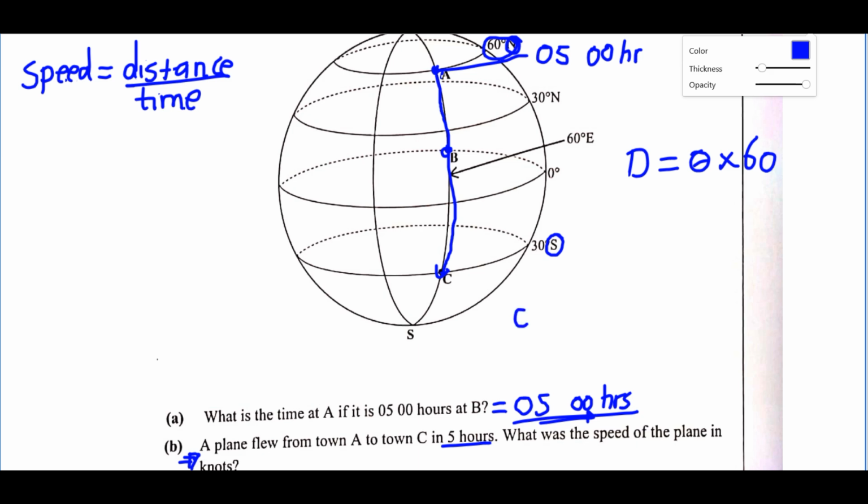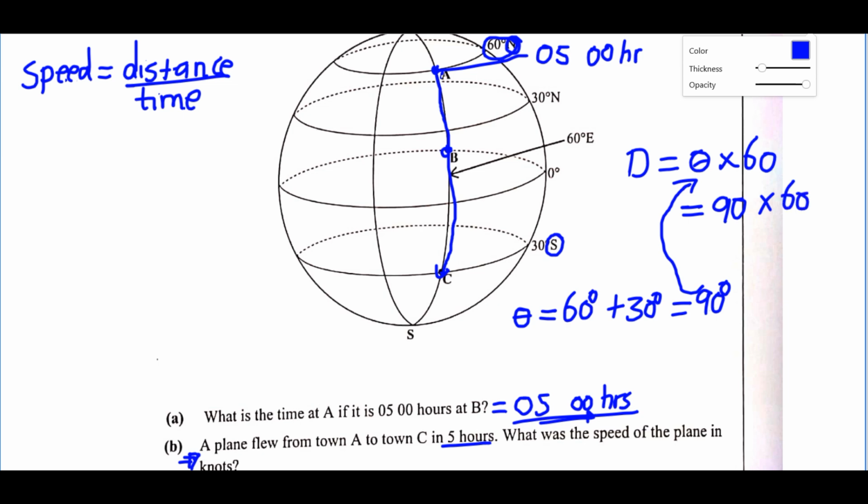So the difference, which is our theta, is equal to 60 plus 30. So as we can see here, we are going to have 90. So this 90 is what I'm going to substitute here. So you say 90 times 60.